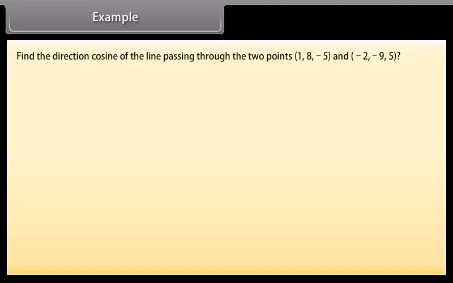Example. Find the direction cosine of the line passing through the 2 points (1, 8, minus 5) and (minus 2, minus 9, 5). Solution.